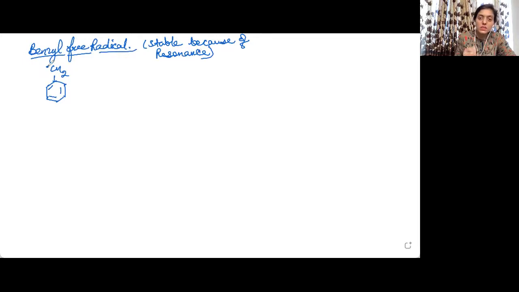So if we see the distance between this double bond and this free radical, how much distance is there? One bond distance is there. This means this free radical and the pi bond are in conjugation. So we can draw it like this.